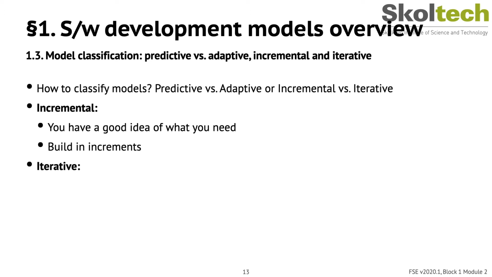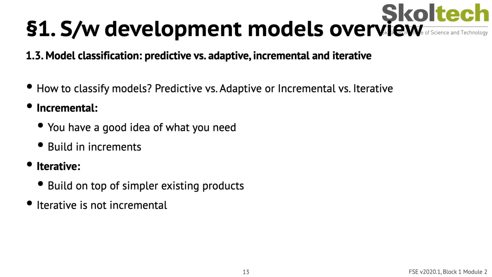While iterative development means that you build on top of simpler existing products to provide a more complete functionality that was going to be replaced as you progress with building and as versions of the software progress. So iterative is not necessarily incremental.